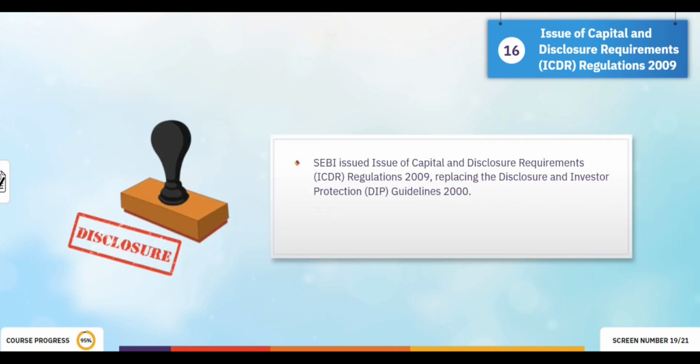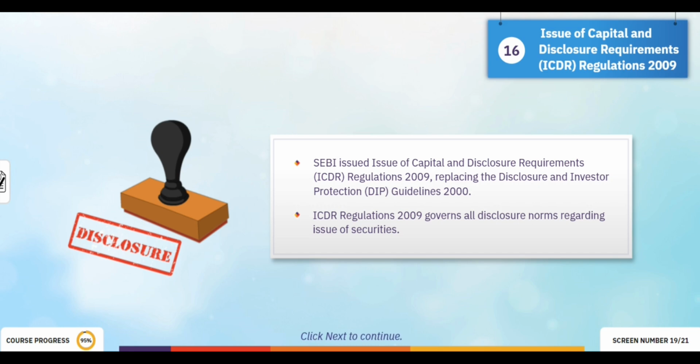In August 2009, the SEBI issued Issue of Capital and Disclosure Requirements Regulations 2009, replacing the Disclosure and Investor Protection Guidelines 2000. ICDR Regulations 2009 would govern all disclosure norms regarding issue of securities.